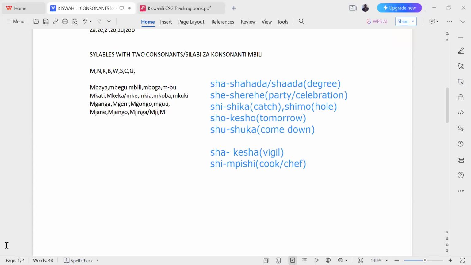In the next class, we'll be dealing with the syllables with three consonants, and also look at the syllables with double vowels. That's the only last part we have to work on to build the foundation. From here, we can move on to learning other words and meanings, as long as we know how to pronounce these words.